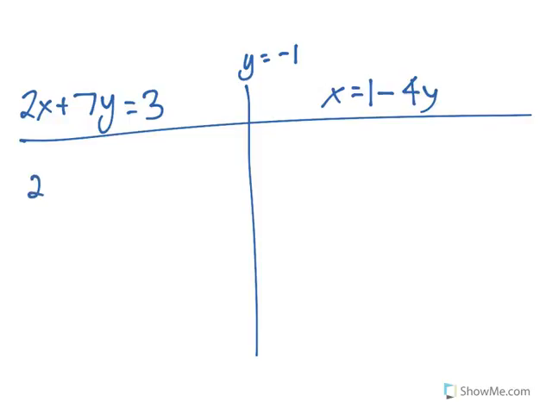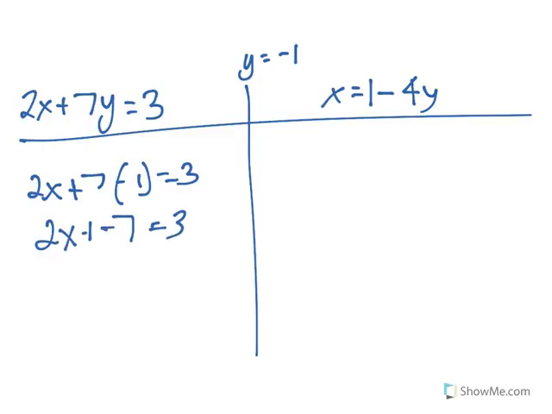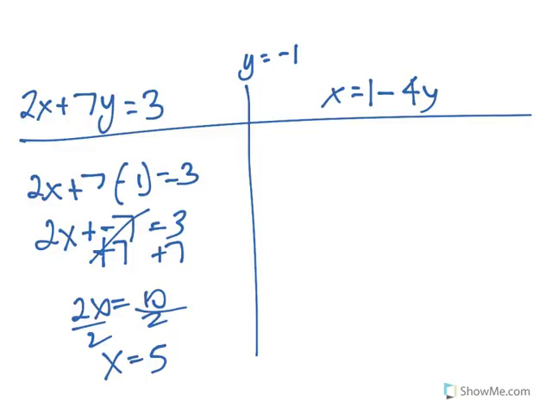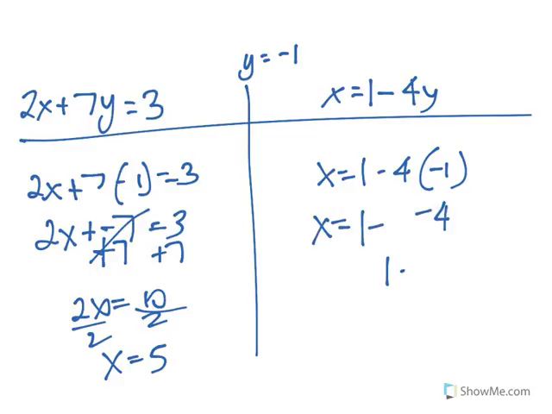And within that I have 2x plus 7 times negative 1 equals 3, which gives me 2x plus negative 7 equals 3. Just going to add a 7, I get 2x equals 10, x equals 5. And on this side, I have x equals 1 minus 4 times negative 1. 4 times negative 1 is negative 4. 1 minus negative 4 gives me positive 5 is the answer.